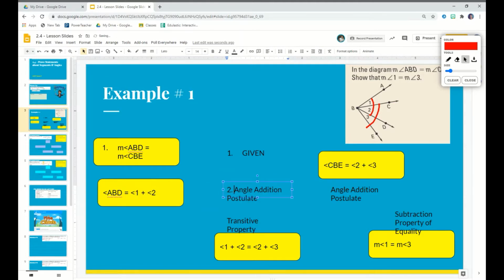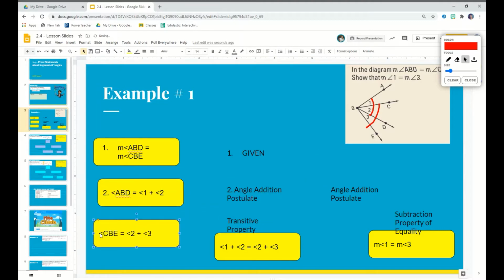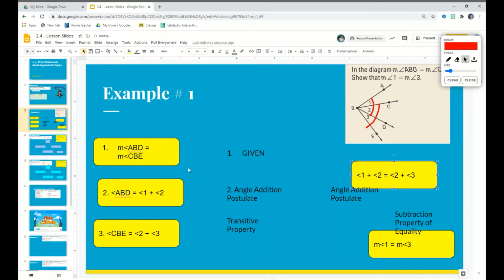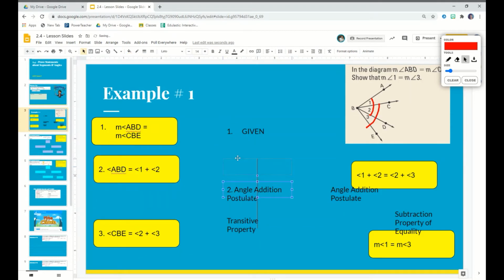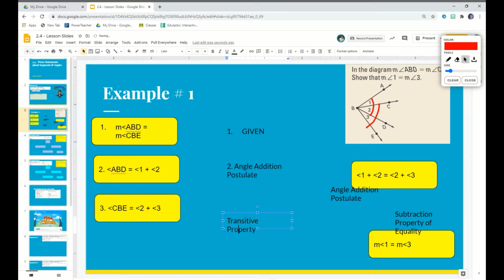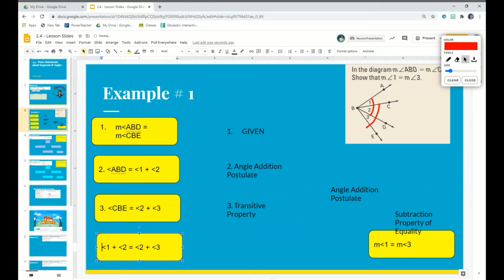Okay, now my second statement, my second reason. The third statement, okay, and my third reason.